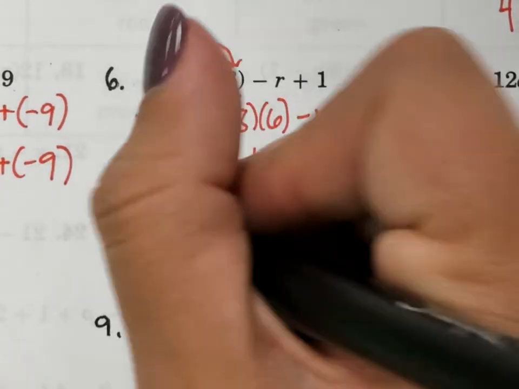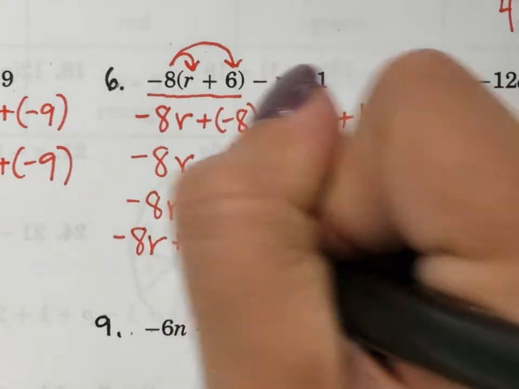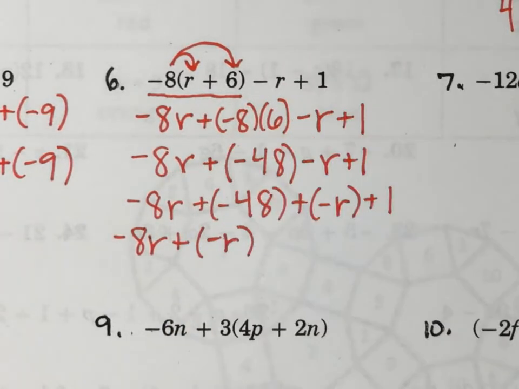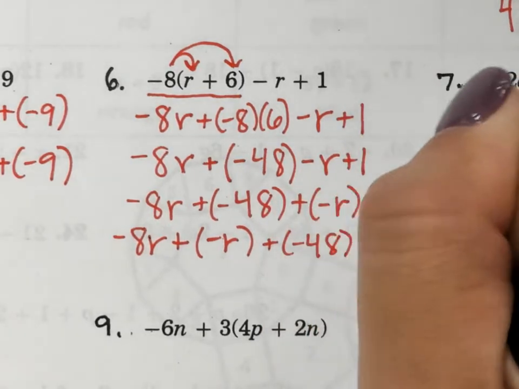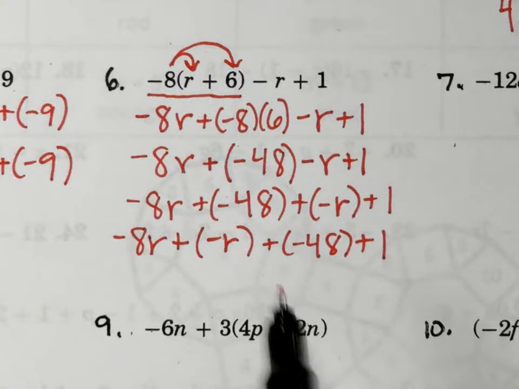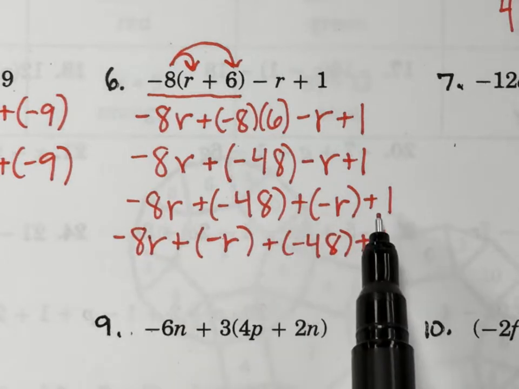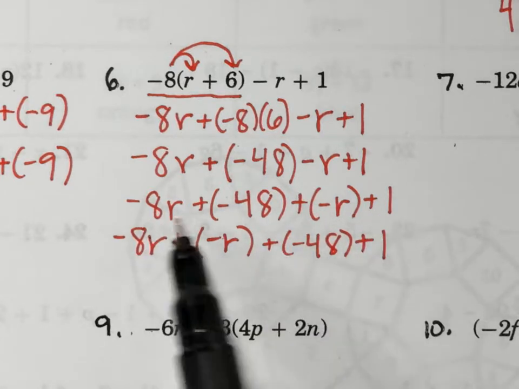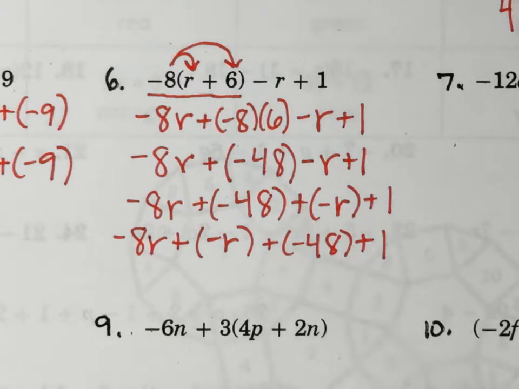So my like terms are negative 8r plus negative r plus negative 48 plus 1. So all I did here was just reorder my numbers. So I just combined my r's together, so they're next to each other, and then my constants.